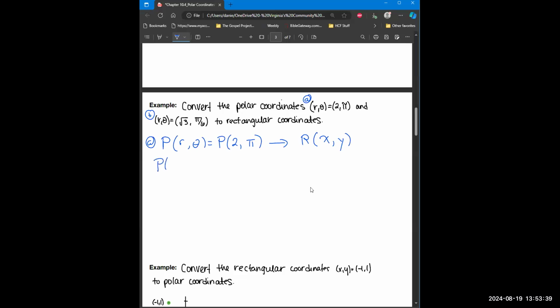So x is equal to r cosine of theta, y is equal to r sine of theta, which is equal to 2 cosine of pi, which is a -1, and 2 sine of pi, which is 0, so this is -2, 0 for my rectangular coordinate system.